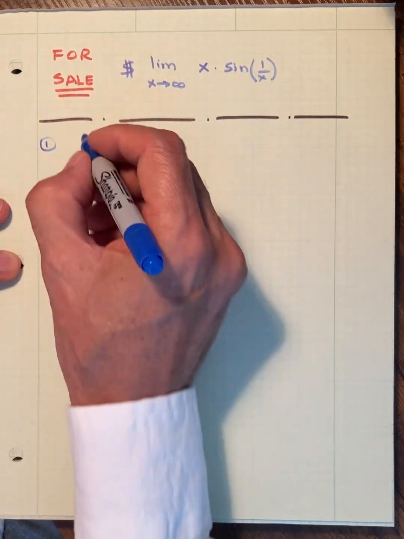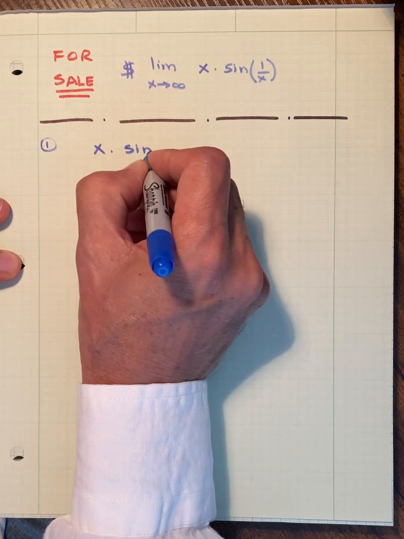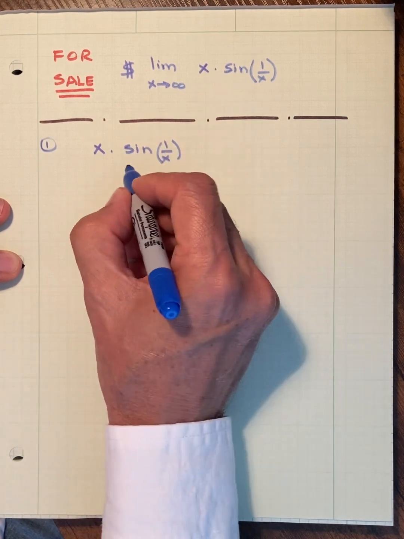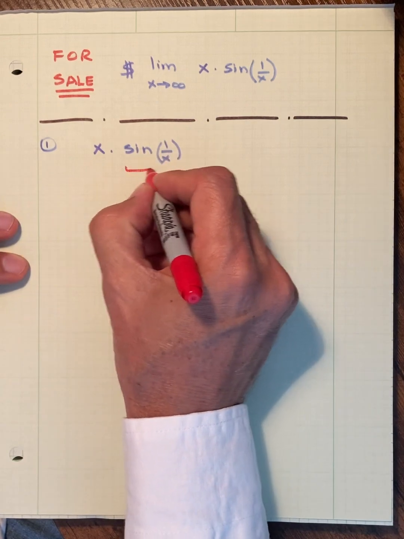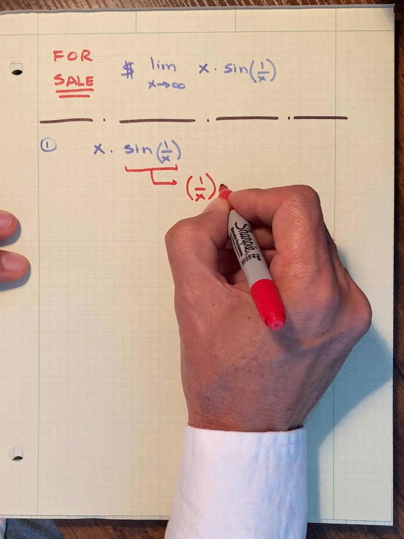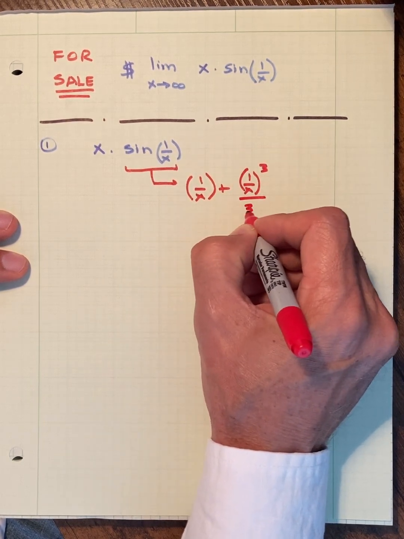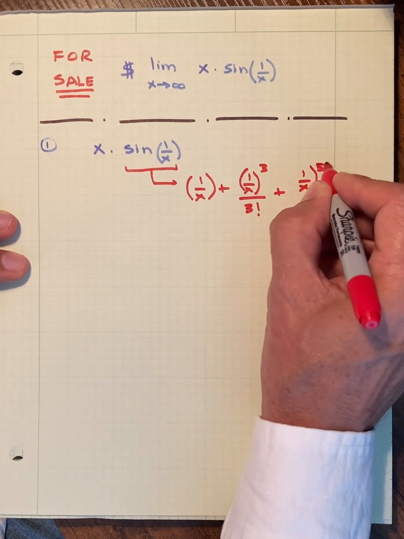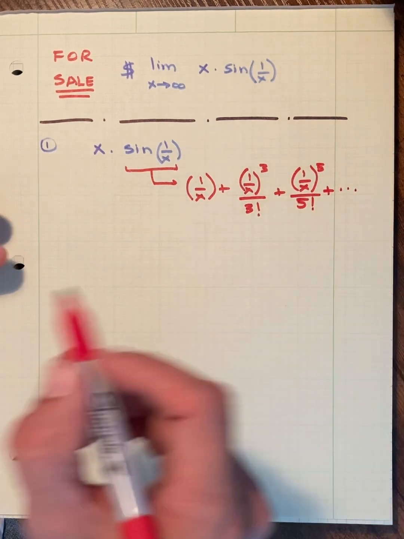Way number one is going to actually be looking at the expansion in a power series of sine of 1 over x. Of course, that gives us the following. We look at the argument here, and we end up with the argument plus the argument to the third power over 3 factorial plus the argument to the fifth power over 5 factorial plus dot, dot, dot.